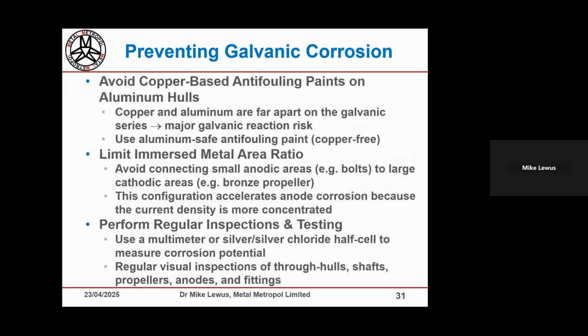Well, that's obviously understood. There's a bit of a controversial one here. Avoid copper-based anti-fouling paints on aluminium hulls. In one of the modules that's part of the IMMS corrosion certificate, I actually make the point that a lot of the research shows that the presence of copper oxides in anti-fouling paints doesn't cause the aluminium hull to corrode.